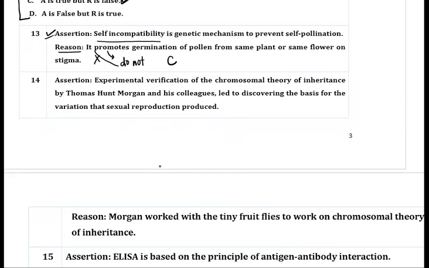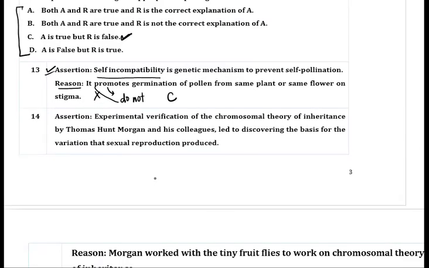Yes, both the statements are true. Assertion is correct, and the reason is also correct. But the problem is that this reason is not explaining the assertion correctly. So in that case, the answer should be the B. Both A and R are true, but the R is not the correct explanation. So here the answer will be B.